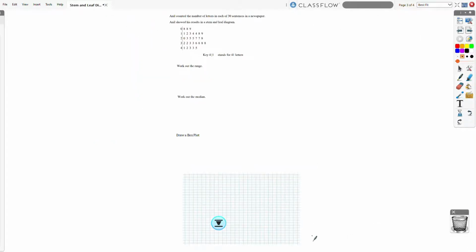Next, to finish off, we're going to look at a question which combines everything you can do with a stem and leaf diagram, finishing off with drawing a box plot. So let's just zoom in a little bit, first of all.